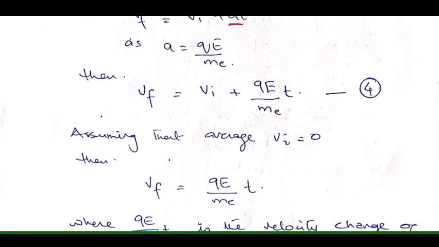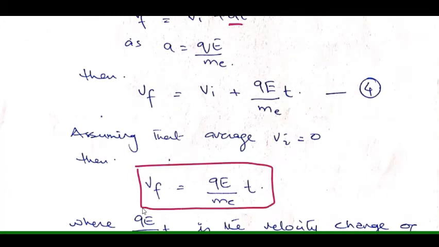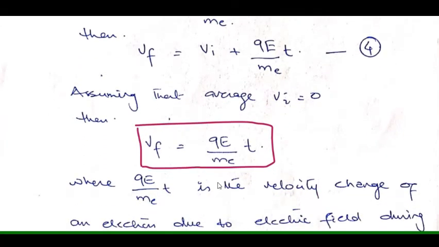So Vf is equal to QE over Me t. This comes from the acceleration, and t is the final time corresponding to our final velocity.